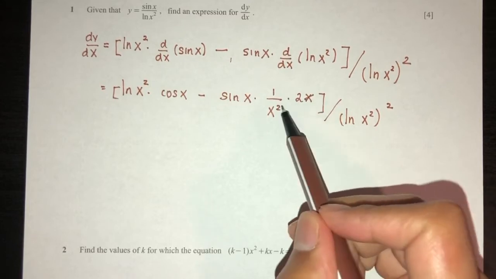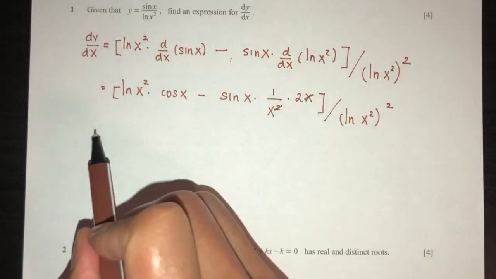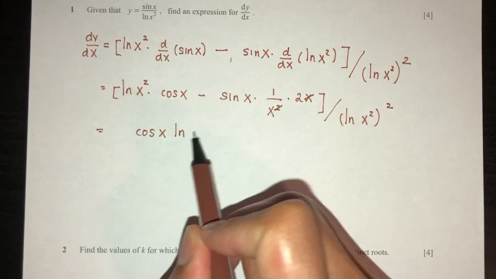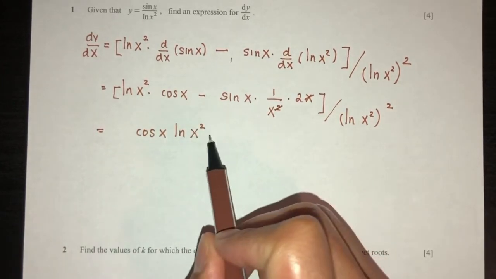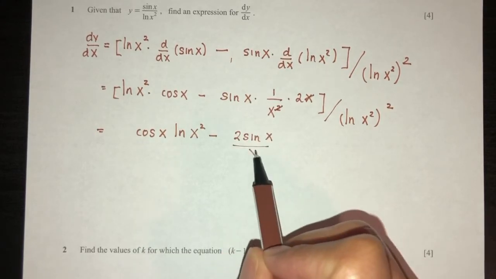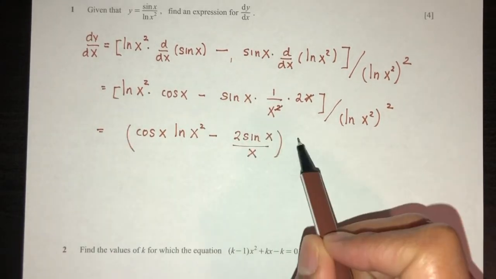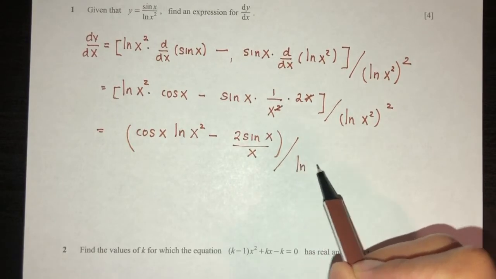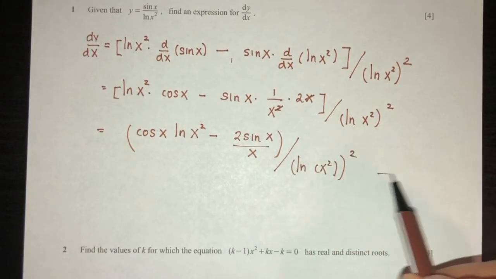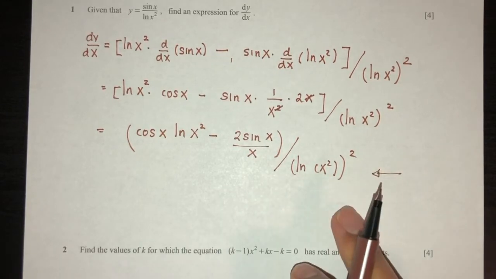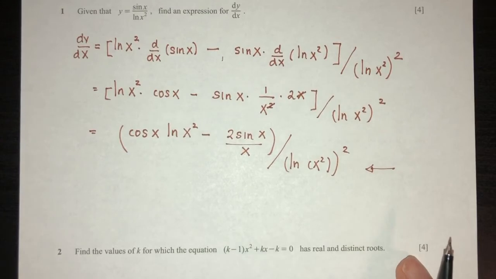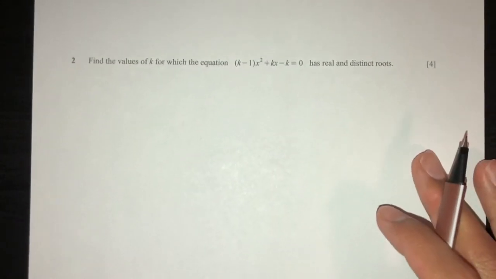So this one will cancel out and you will have cos x ln x squared minus 2 sine x over x, and everything divided by ln x squared square. Okay, so that will be your answer for this expression of dy by dx. That is question number 1.